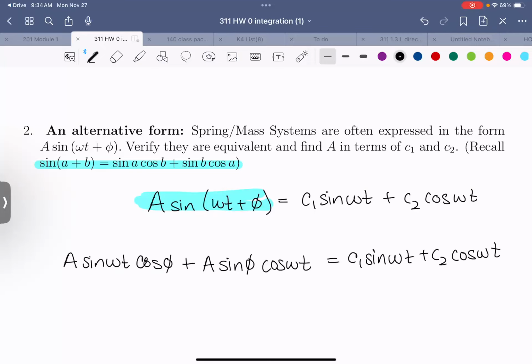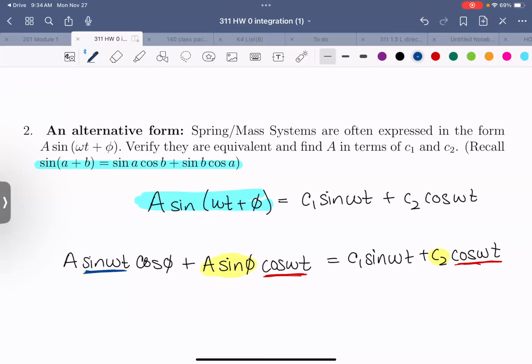So just applying the left-hand side to that identity, where your A is the omega t and your B is the phi, we're going to match it up the way we were doing, equating coefficients. Over here I have a cosine omega t, and over here I have a cosine omega t, so their coefficients have to be the same. So this A sine phi has to be C2.